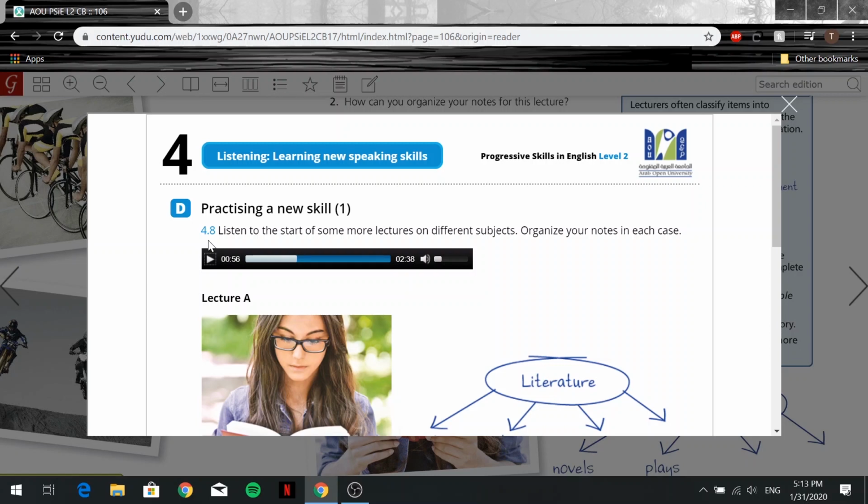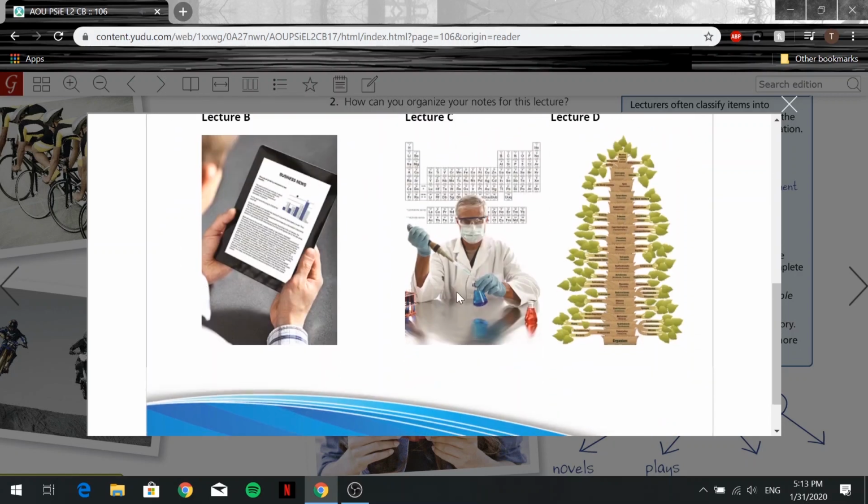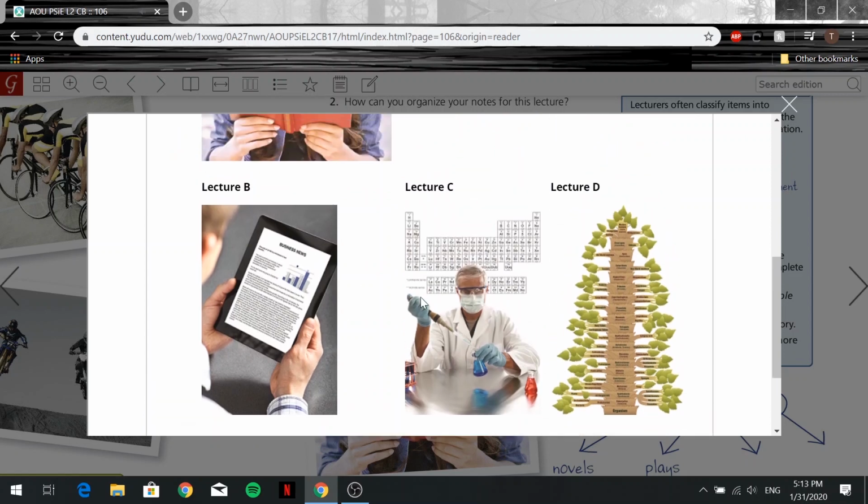Okay, let's move on. We're going to look at elements in this lecture. Elements are the basic building blocks of our world. Carbon is an element. Hydrogen is an element. Oxygen is an element. But how can we classify elements? There are over 100 elements, but we can classify all elements into just 3 groups. The first group is metals. The second group is non-metals. And the third group is gases, but not all gases.